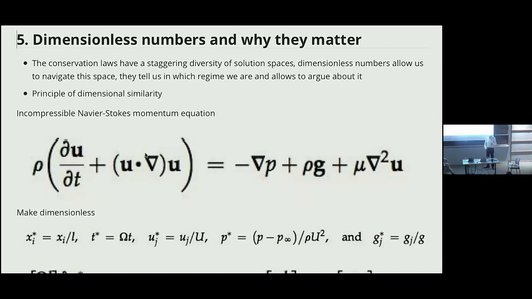Associated with that is this very powerful principle of dimensional similarity, which says if my dimensionless numbers are the same, or at least on the same side of unity, and the topology of the flow is the same, then the answer has to be exact. I mean, it has to be the same, and that is just a really important statement. I'll just demonstrate it real quick.